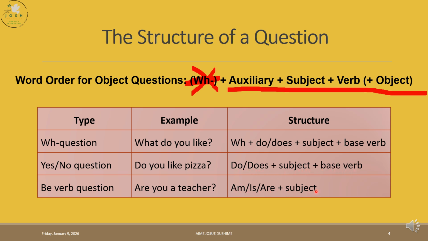Is, are, subject. Here you can add an object, a noun, or even an adjective. If you say, are you a teacher? Teacher is here as a noun.